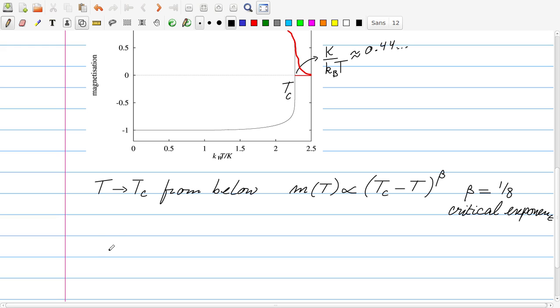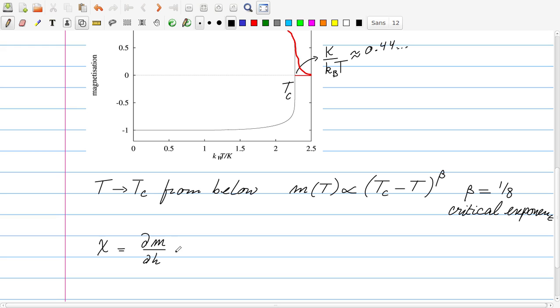There are more examples, and one is the behavior of the susceptibility. What is the susceptibility? The susceptibility is defined as dM/dH. So it tells you that if I switch on, in this case, a small magnetic field, how the magnetization then starts rising. So normally we would expect that that would be linear, so that we would get some constant depending on temperature.